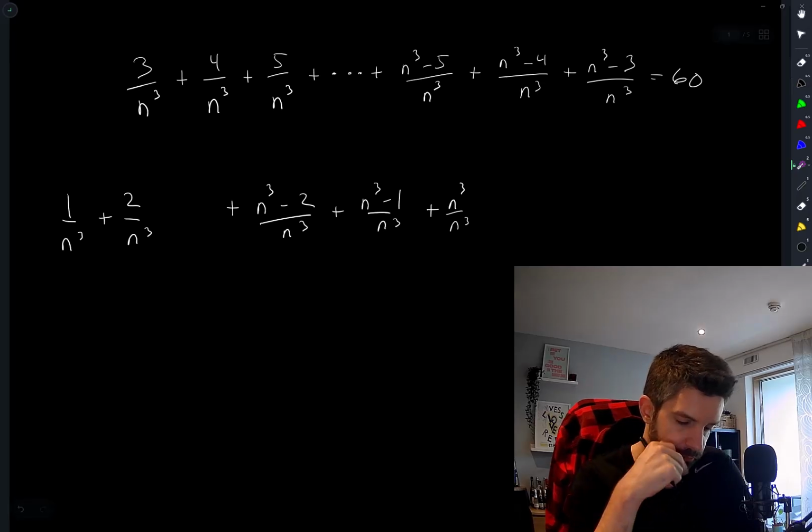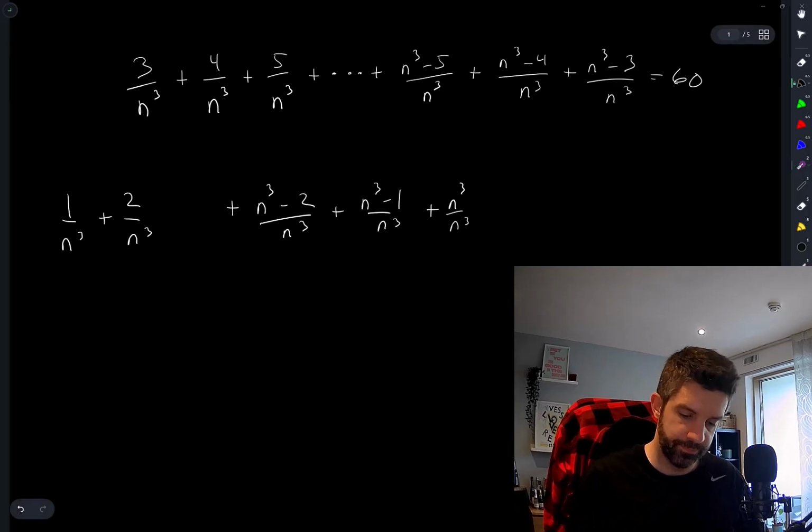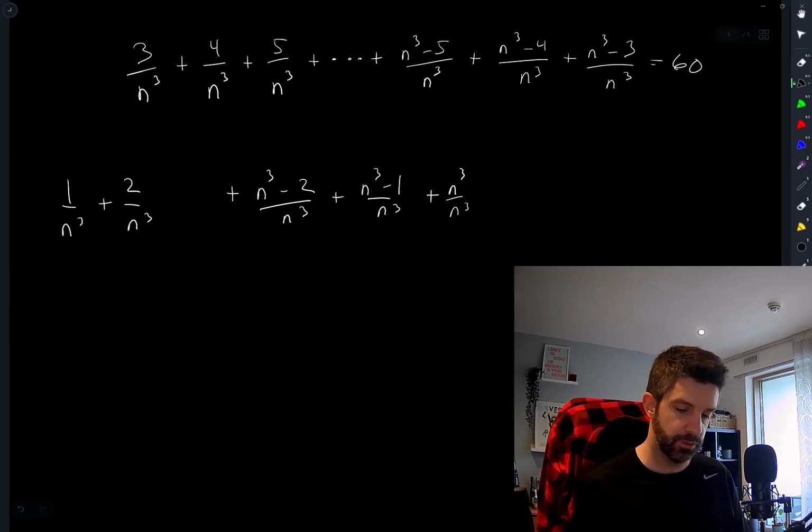This gives us that's n cubed terms in total. So I have n cubed minus 5 terms in total.